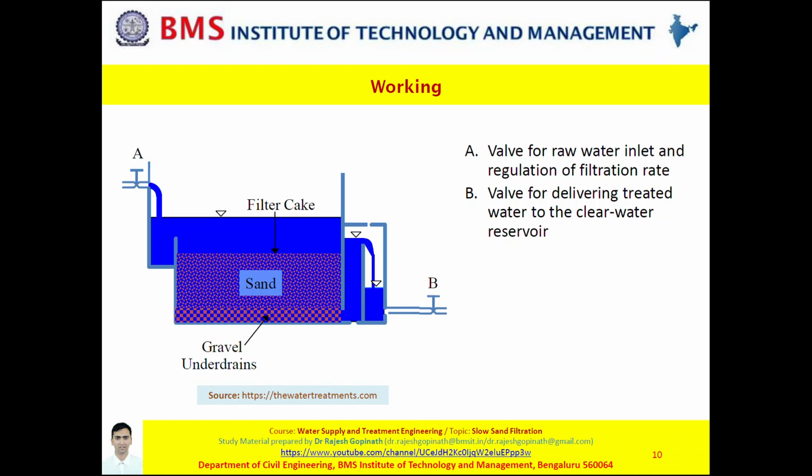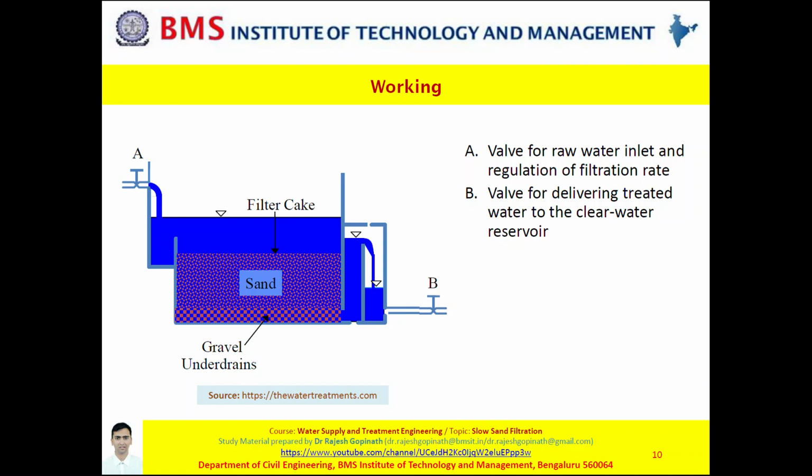One is mechanical straining and the other is biological action. So basically what happens is, this uncoagulated water, as it gradually falls over the filter media, due to a combination of these two mechanisms, gets filtered and the water passes through the filter media. It then passes through the base and then enters the drains.